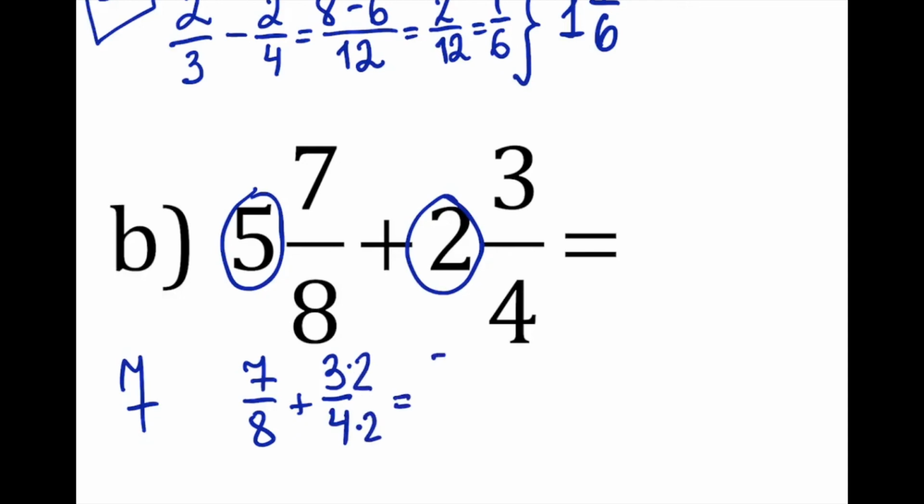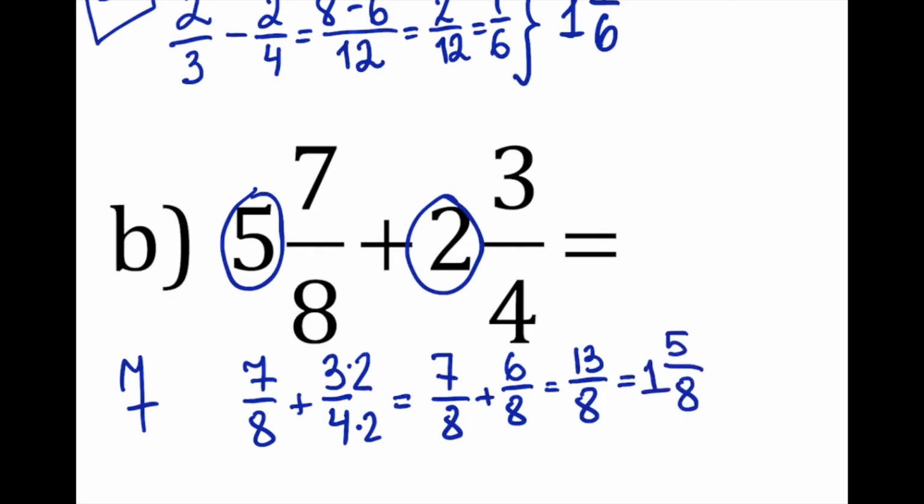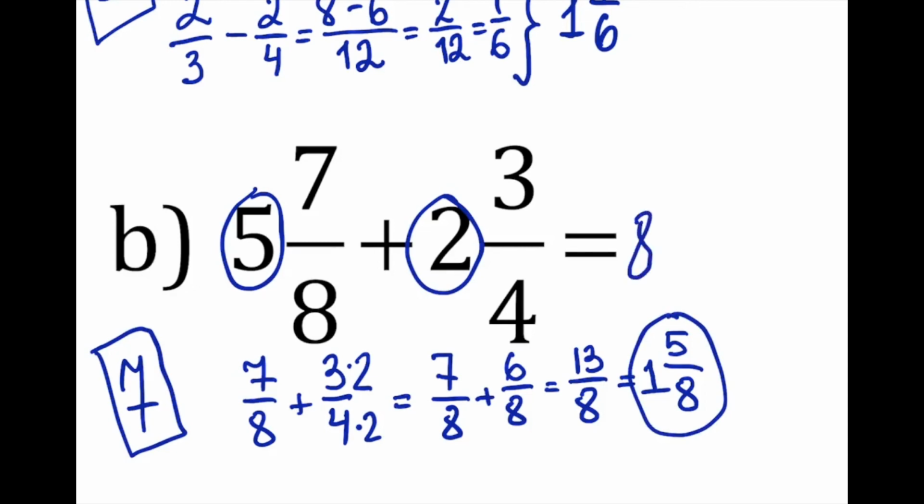So that will give me 7 over 8 plus 6 over 8, which is 13 over 8, which turns into a mixed number 1 and 5/8. Then, again, I had 7 from adding 5 plus 2, and adding to it is 1 and 5/8. Together, that will give me 8 and 5/8.